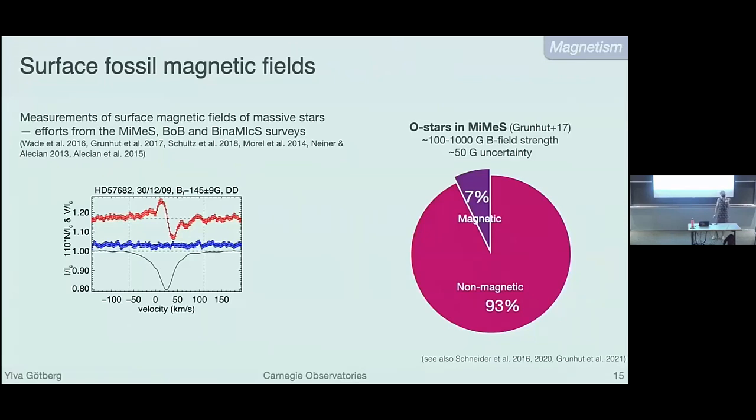I think that was pretty much it. I was just wondering, you say there's 50 or 100 Gauss of uncertainty, so if the magnetic field is smaller than that, at like a 5 Gauss level at the surface, do we still have to worry about it, or not so much?